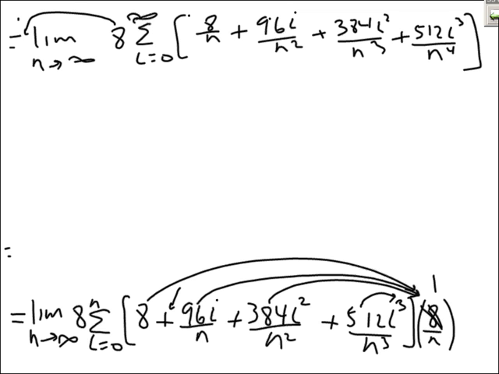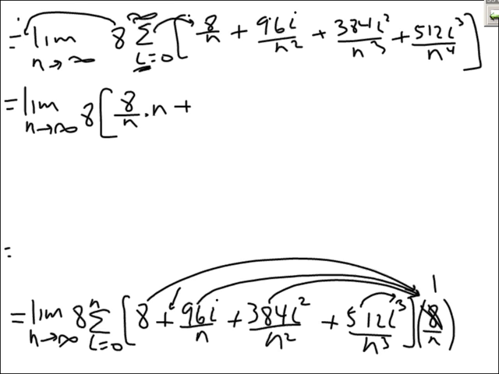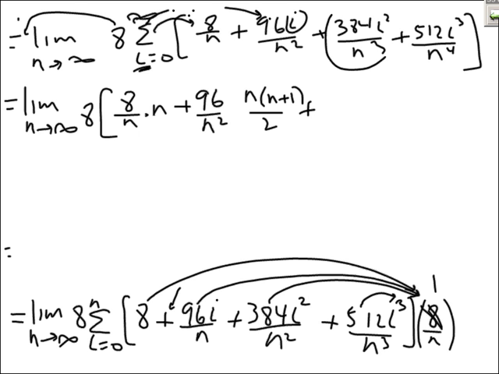And now I pretty much take the first summation, I calculate the summation. The limit as n goes to infinity of 8 times the summation of this: 8 over n is a constant. It has nothing to do with i, times n. Plus the summation of this: the 96 over n squared goes in front of the summation times the summation of i, which is n times n plus 1 over 2, plus the summation of this.